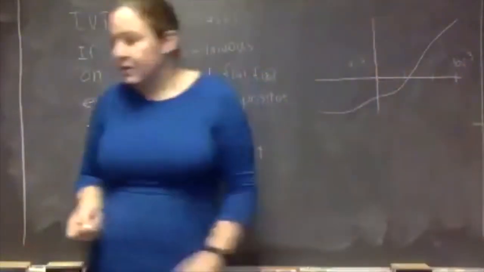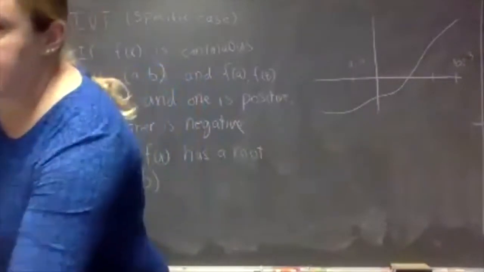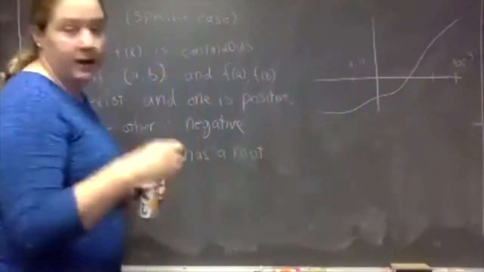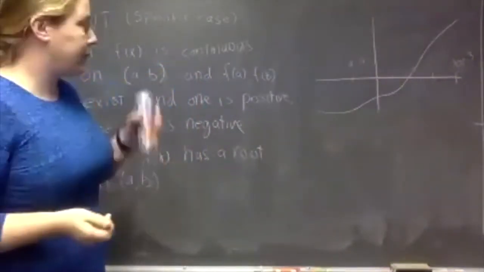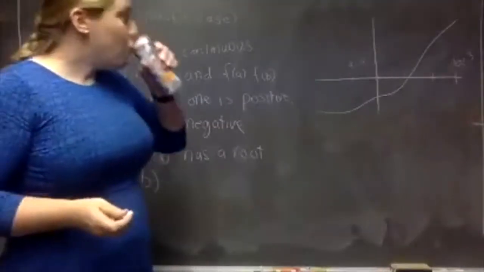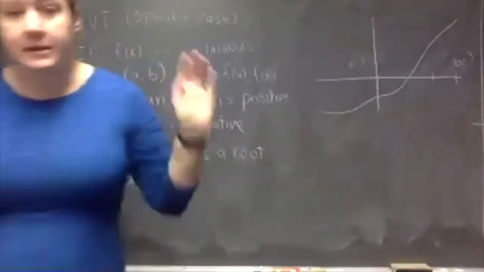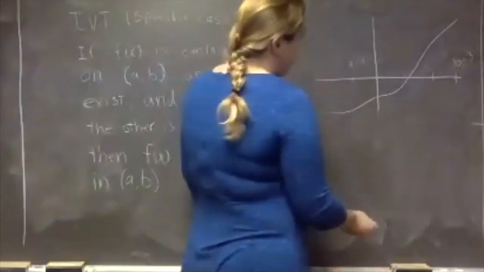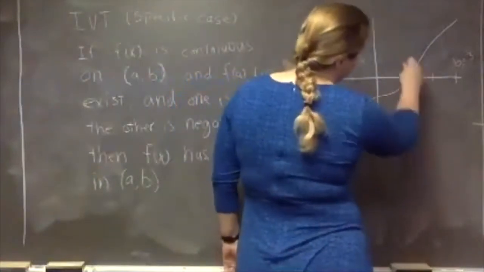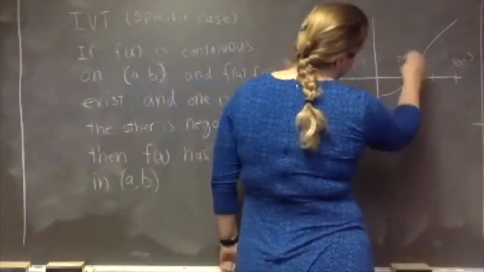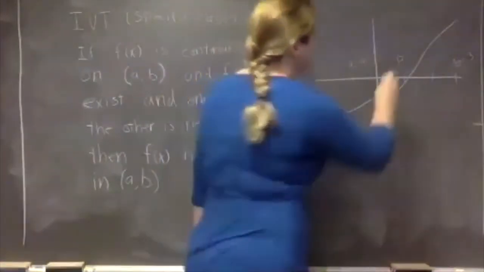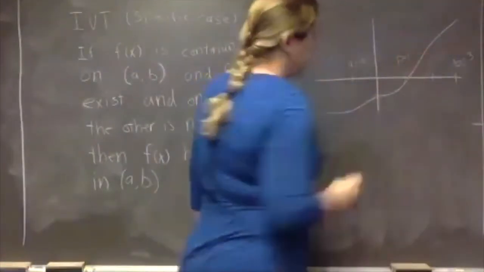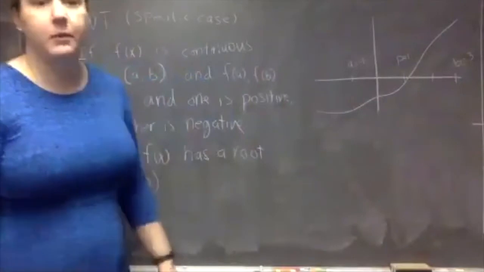When you're programming, you'll just call it a and b because you'll just keep resetting these variables. But when we're talking about it on pen and paper, we'll call it a1 and b1. And then since this is an interval of length 4, we're going to cut it in half. So that brings us here. The middle of the interval is this point, p1 equals 1.